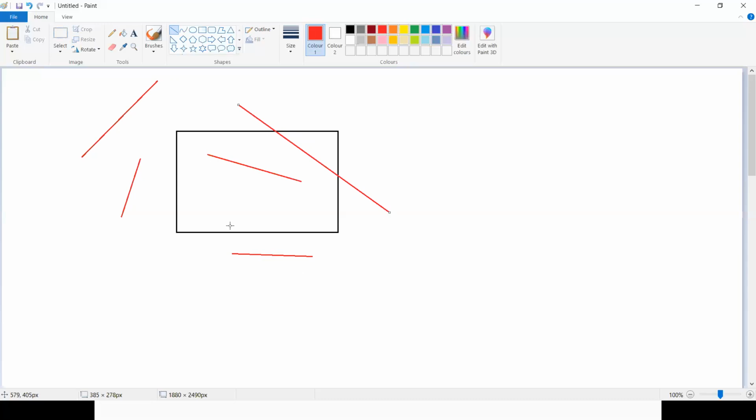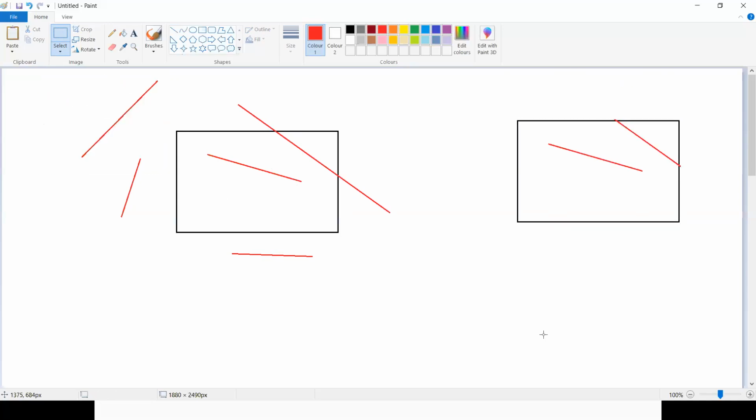Now we have to check whether we have to clip the line. This is our entire image, and after performing the clipping operation, the output will be something like this one. This will be your clipped image. Inside the clip window, we can see only this line segment and this portion of the line segment, and the rest of the things we will discard.